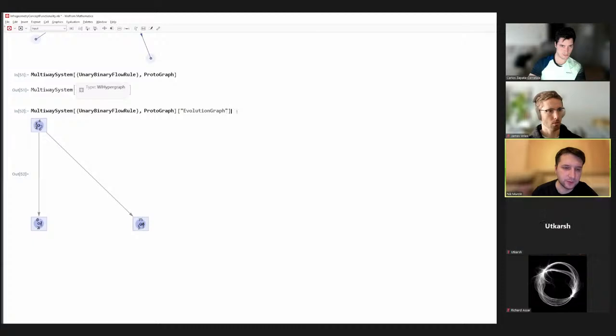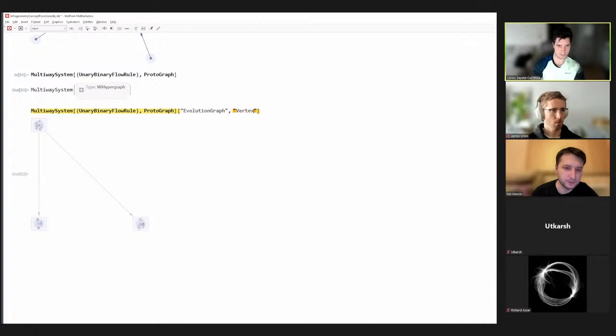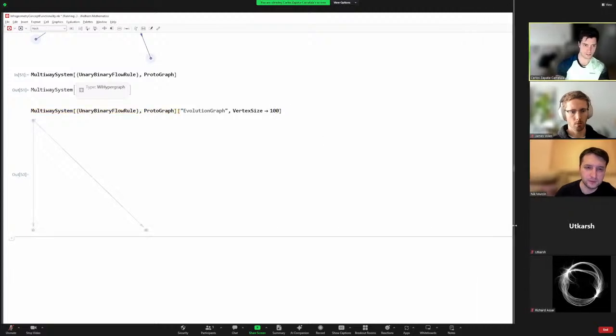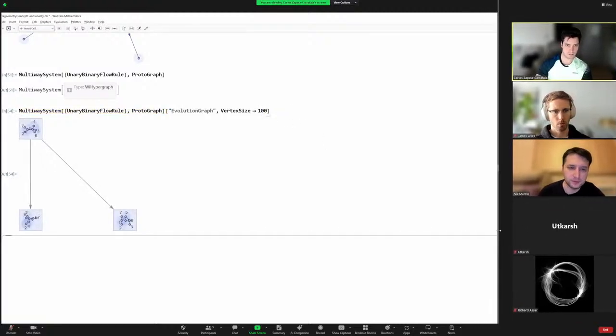Just add an option of vertex size in here? Yes. No, without quotes. It's like for a graph. I want to do it like a number? Yeah, a number. Yeah, it seems like more like right.